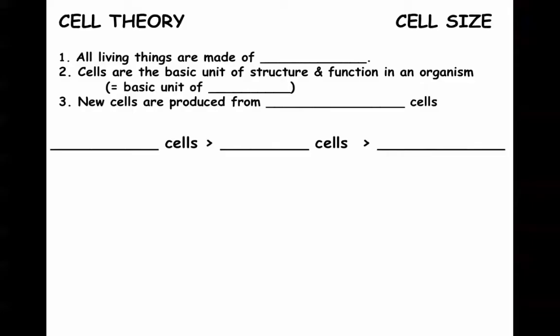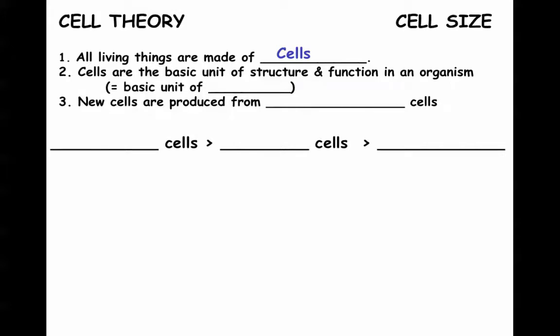So when we start talking about the cell, we need to mention the cell theory. The cell theory basically has 3 components to it. The first one states that all living things are made of cells. And if you don't have this somewhere in your notes for your 7.1, make sure it's in there and highlight it. Cells are also the basic unit of structure and function in an organism.